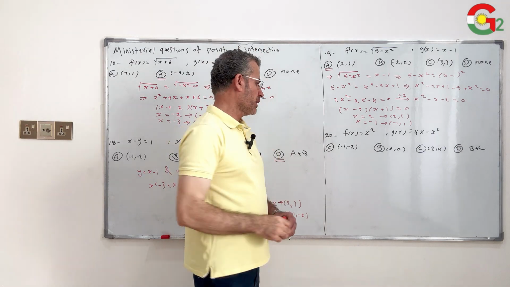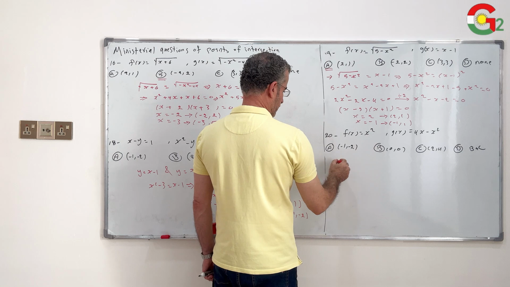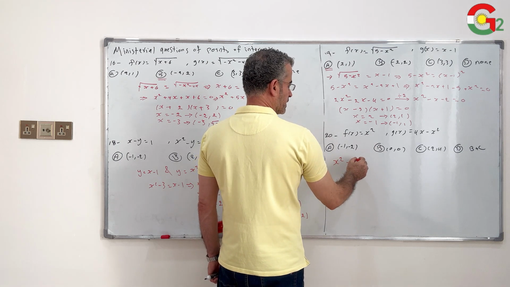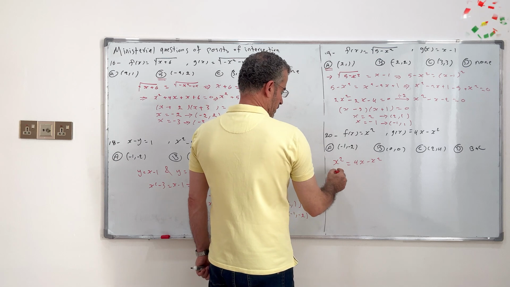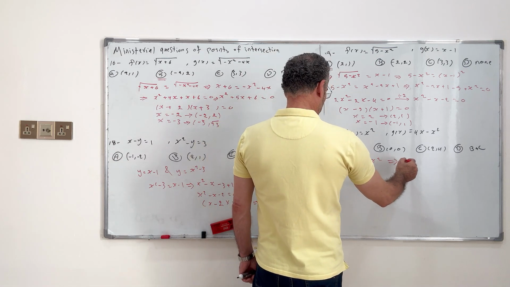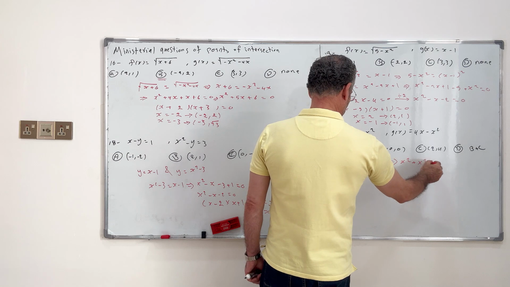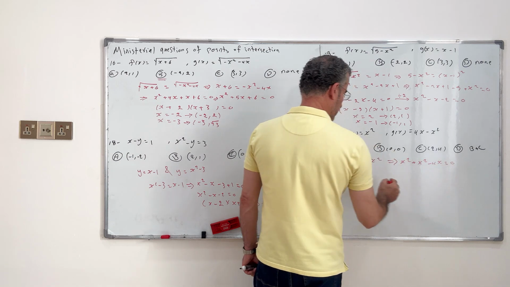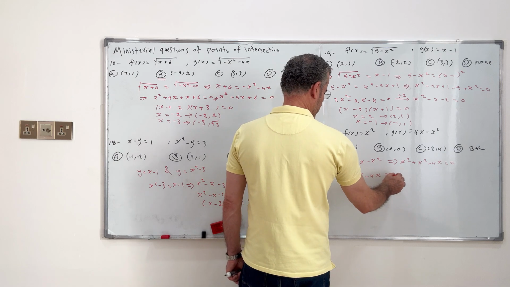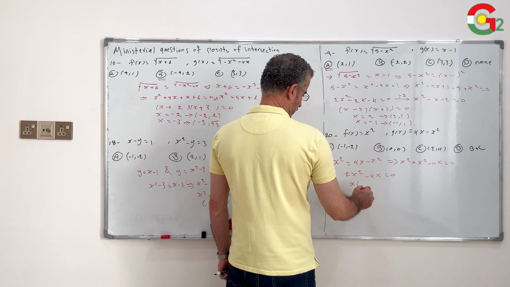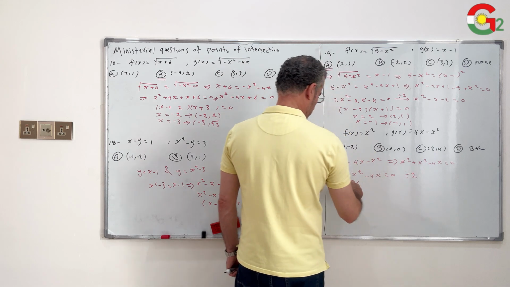Question number 20. Find the intersection point for these two graphs. Set f of x equal to g of x. Take all terms to one side. x power 2 plus x power 2 minus 4x equals 0. 2x power 2 minus 4x equals 0. Factorize by x or divide by 2.